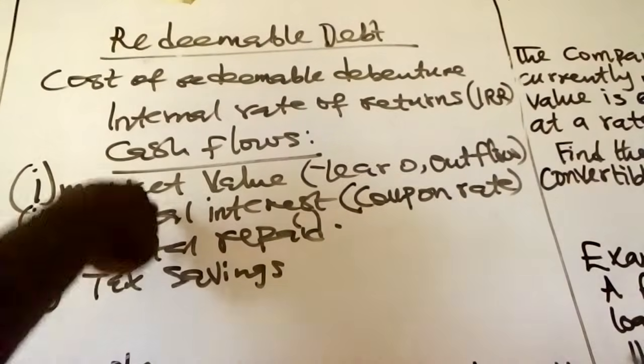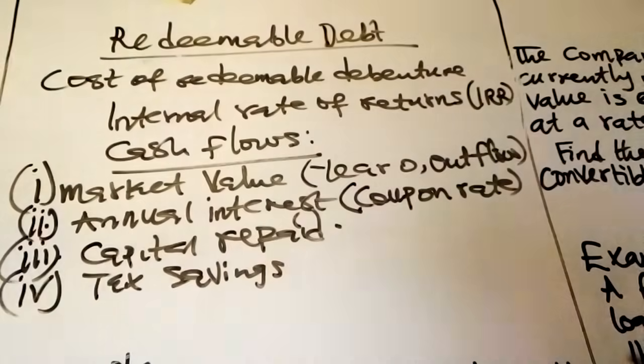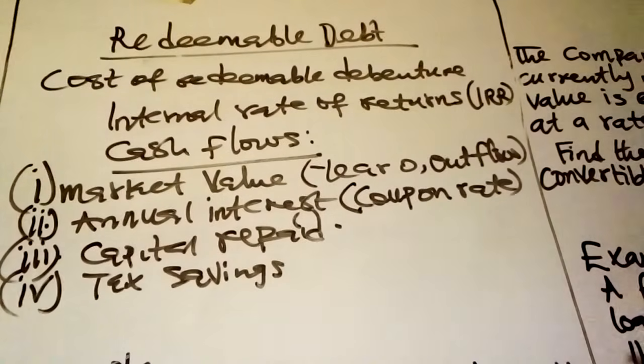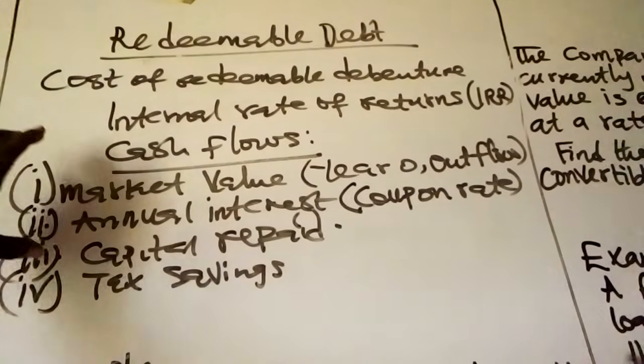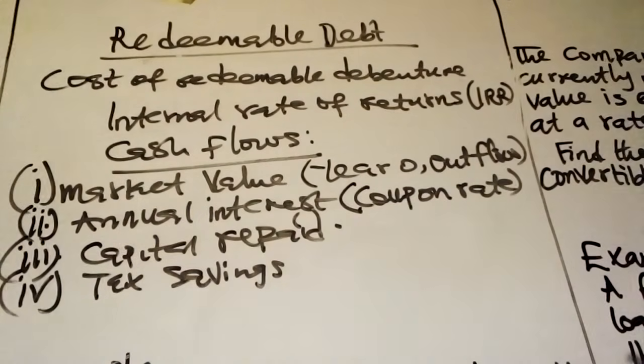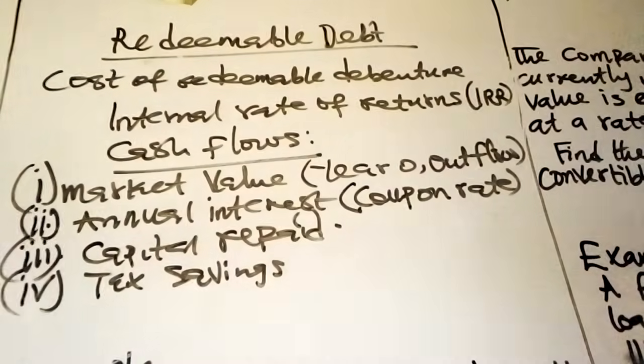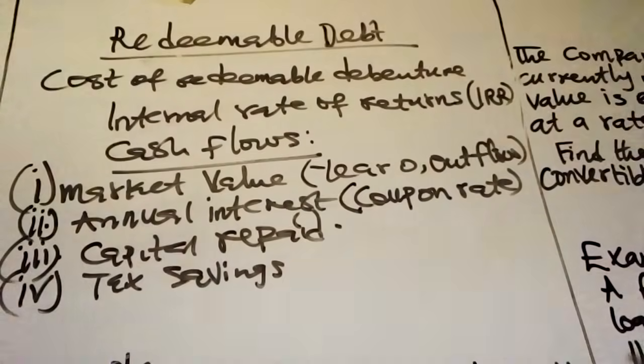Remember, the interest on loans or debenture will be treated as a finance cost in the statement of profit or loss. Since that interest reduces the profit, the tax will be reduced by the amount of interest on the loans or debenture.